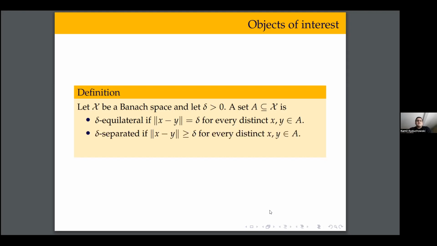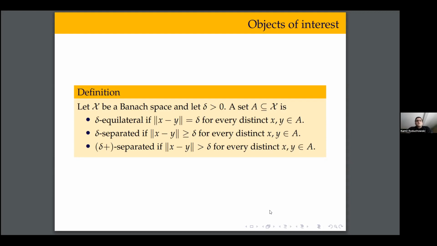It is delta-separated if any two of its points are at distance at least delta from each other. And it is delta-plus-separated if any two distinct points are at distance greater than delta from each other. I will say that a set is equilateral if there is a delta such that it is delta-equilateral.